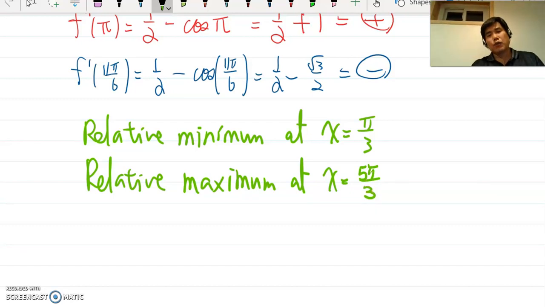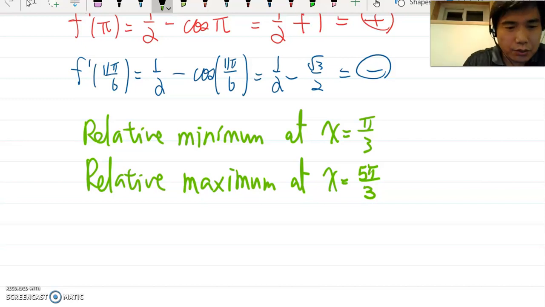Then how do we find the minimum point and maximum point? Can you think about what we should do? Yes, exactly. We input the corresponding x value into the original function, not the derivative function anymore, because we want to find their coordinates. So you go back to the original function.